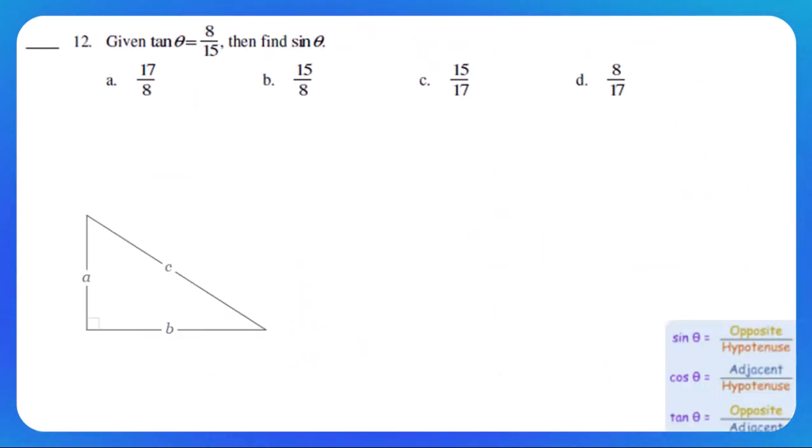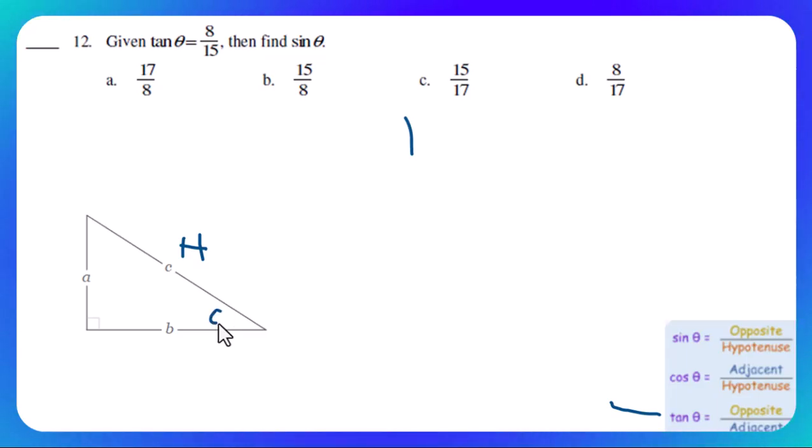Question number 12. We have tangent of 8 over 15. Tangent is opposite over adjacent. All right, so we don't have the hypotenuse. Okay, so this is H. We'll make one of these opposite, and we'll put our angle right here.